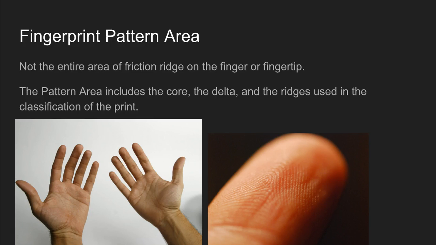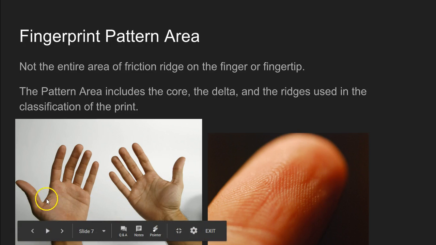Now, we need to know something about what's called pattern area, because when we classify fingerprints, we're really only looking at a certain area of the fingerprint to do the classification. If you were to look at the palm of your hand, you would see that your entire palm is covered in friction ridges.